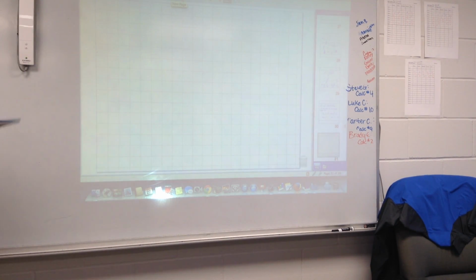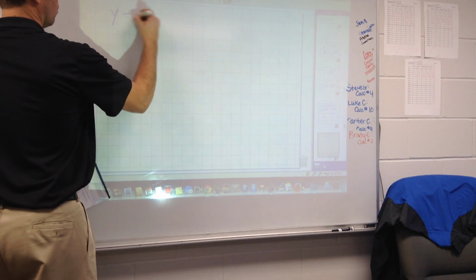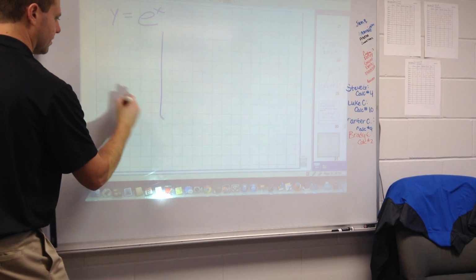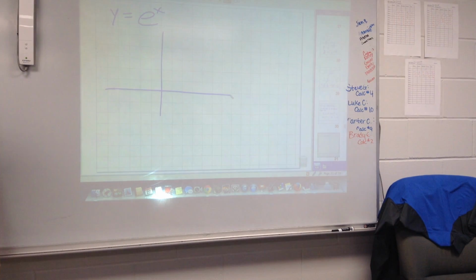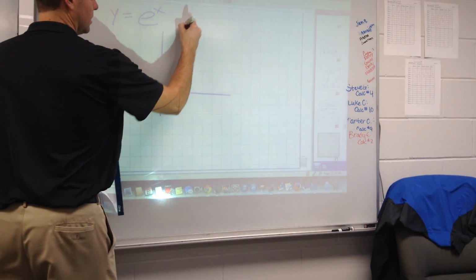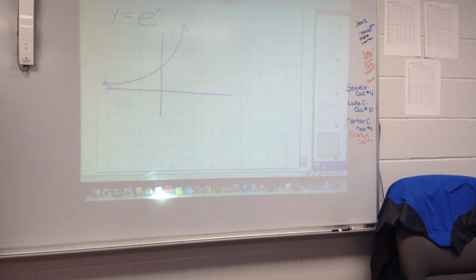Next thing. y equals e to the x. That graph roughly looks something like this. It's exponential growth. It's really like y equals 2 raised to the x power, except it's y equals 2.7182, whatever, raised to the x power.